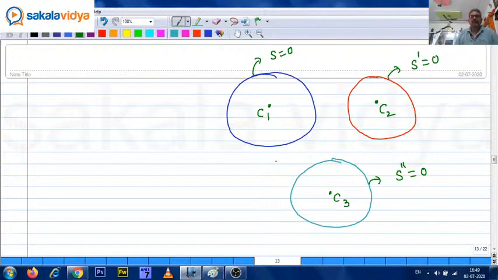For example, now you find the radical center of these two circles and radical center of these two circles. They meet at one point.